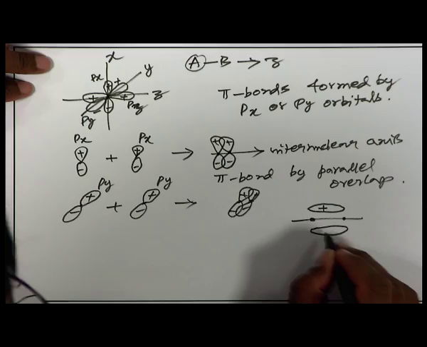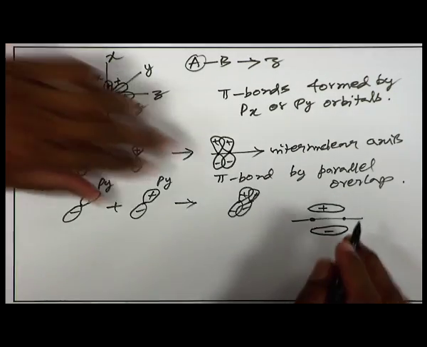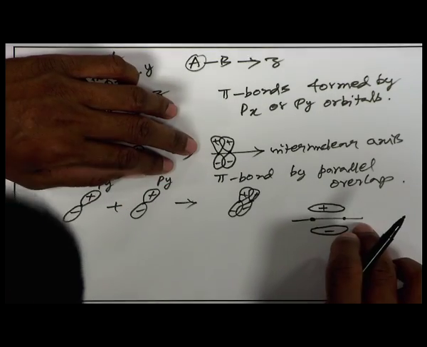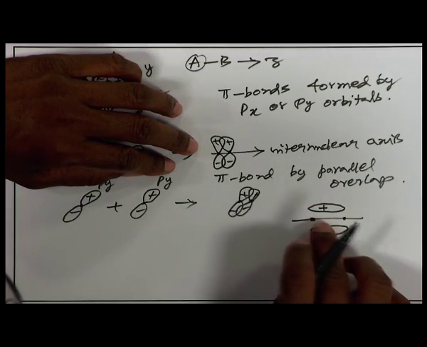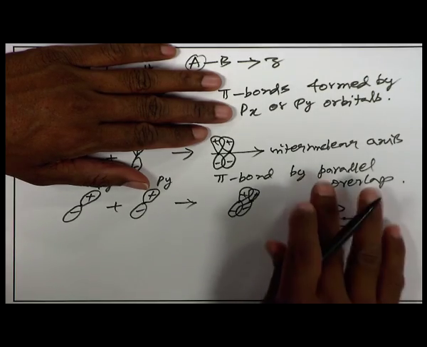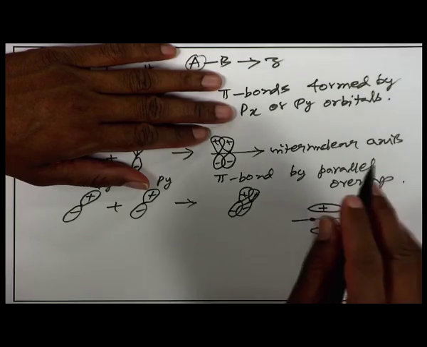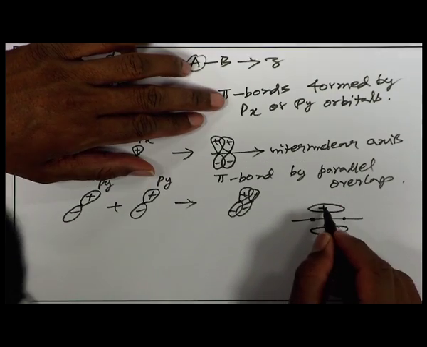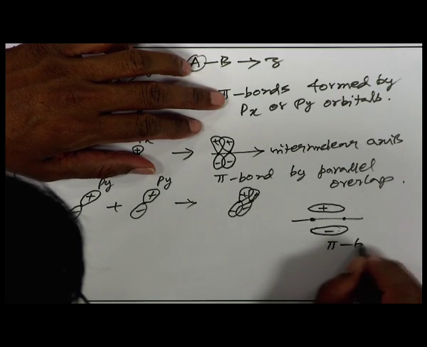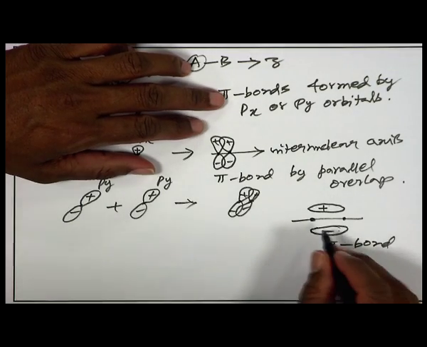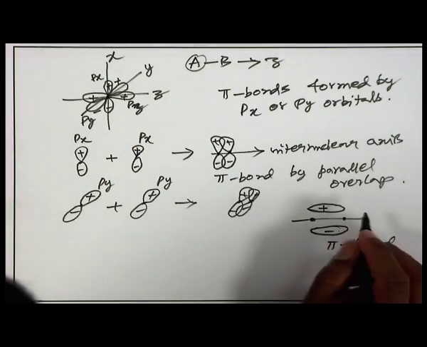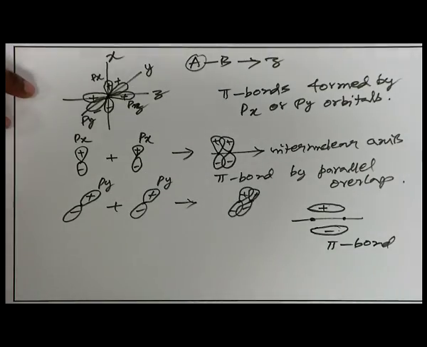Here is positive, this is negative. This internuclear axis contains the two nuclei, and that forms a plane. There is a plane containing these two atoms. Above the plane there is some electron cloud, below the plane there is some electron cloud. So these two together are called one pi bond. These are all pi bonds, which are represented in this type of elongated shape.